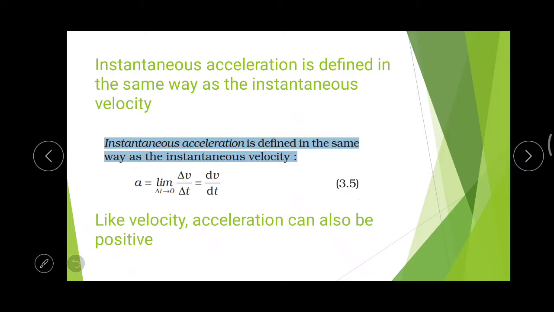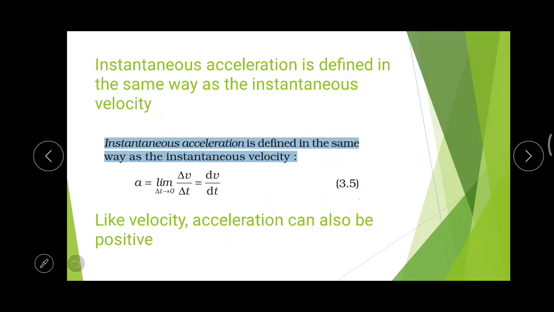Instantaneous acceleration is defined in the same way as the instantaneous velocity. That means delta t, the time interval, tends to 0, becoming very negligible. Then the average acceleration value will become the instantaneous acceleration.